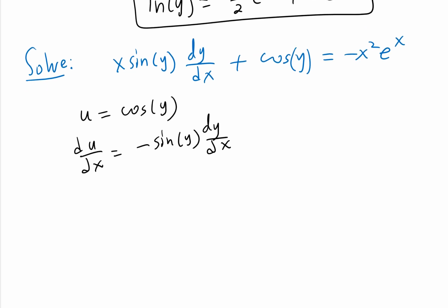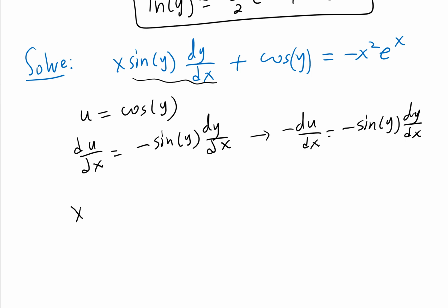Then the given equation becomes x, instead of sine y dy/dx, we put a negative du/dx, since negative du/dx is negative sine y dy/dx. So it's negative x du/dx plus u equals negative x squared e to the x.